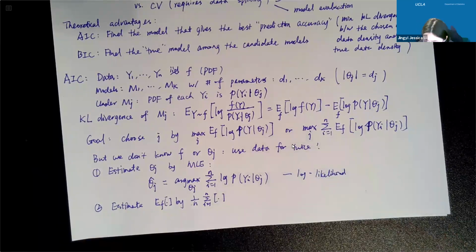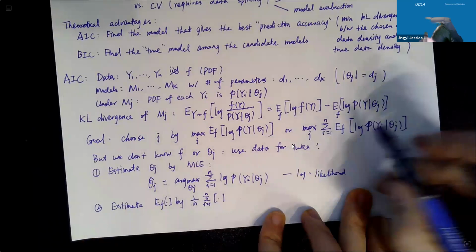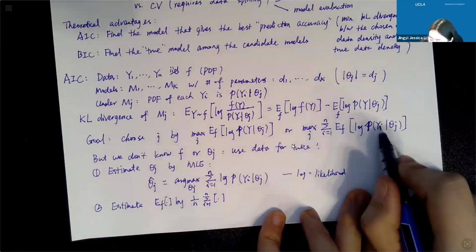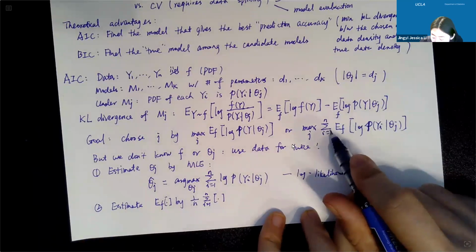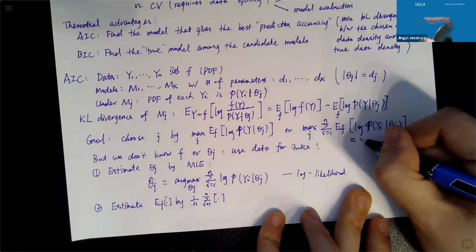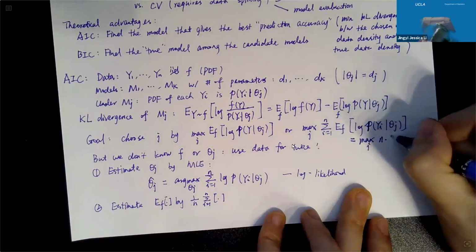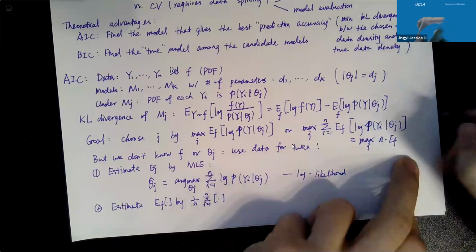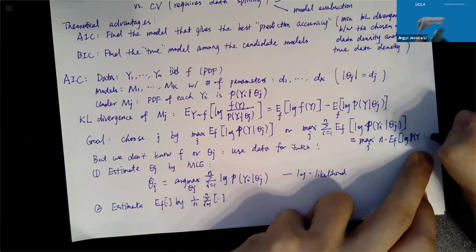One more thing I want to say is that given y1 to yn are IID, we expect that they share the same expectation. So the second term can be written as max over j of n times the expectation of one of them, so let's use y to denote one of them, given theta j.